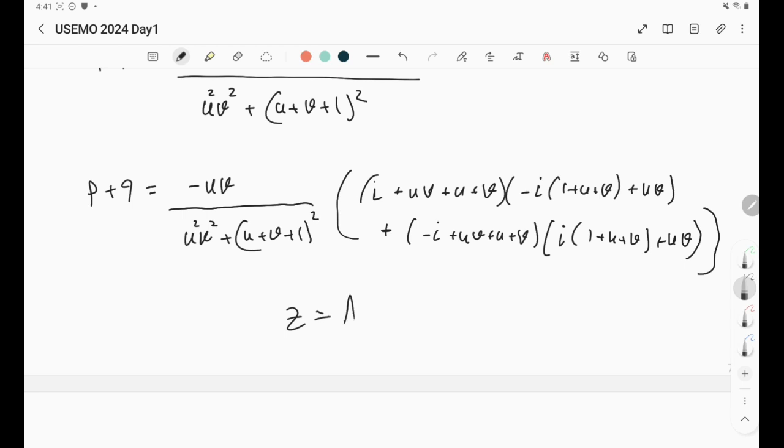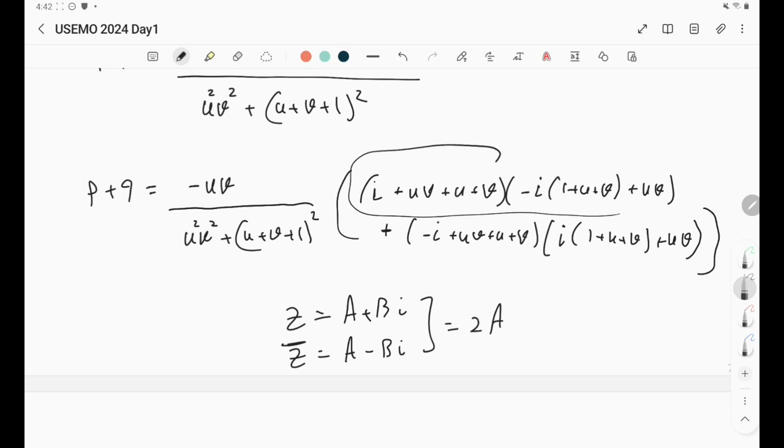Let's say z is a plus bi, and you're adding the conjugate, a minus bi. When you add them, what do you get? You get 2a, 2 times the real coordinate of this. This is exactly what we're doing here. Everything that has I will cancel, and we'll only have 2 times the part that doesn't have I in it. So this will of course save us tons of calculations.